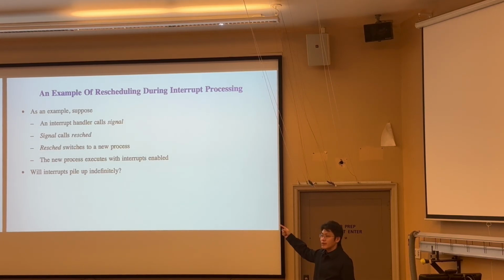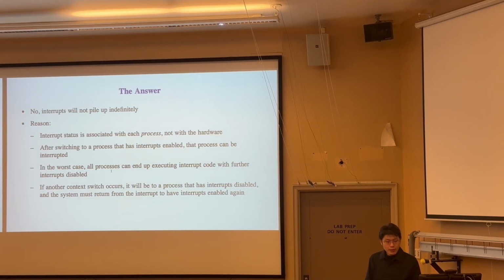So eventually, even if this piles up, you will have all the processes in your system enter this interrupt disabled mode. When all of them have disabled interrupts, then no further interrupts will be able to pile up again. So we will not pile up indefinitely.